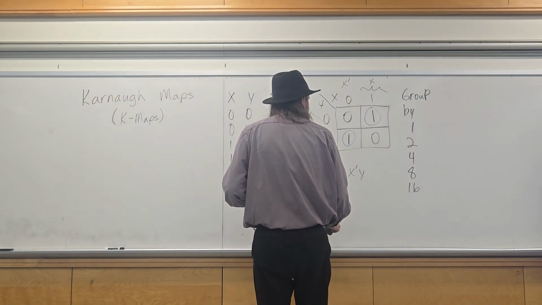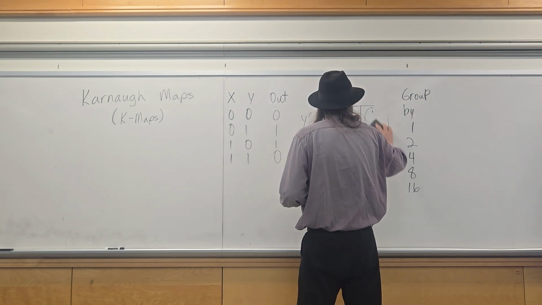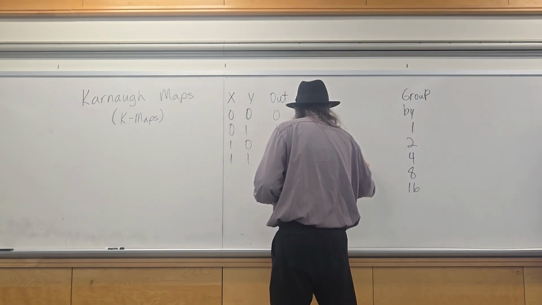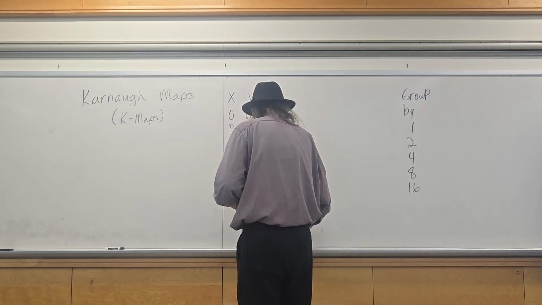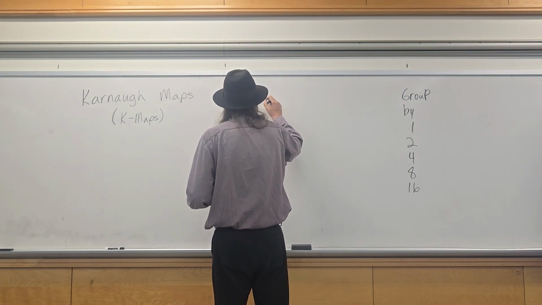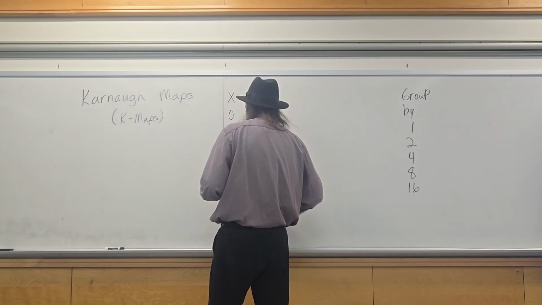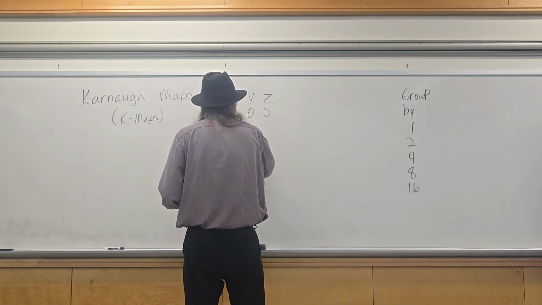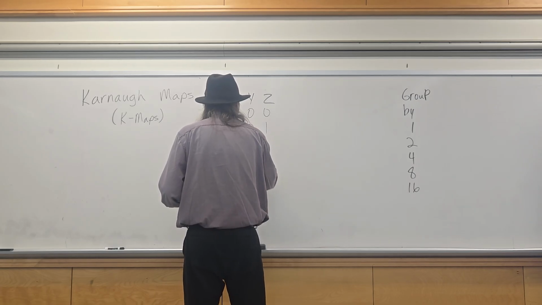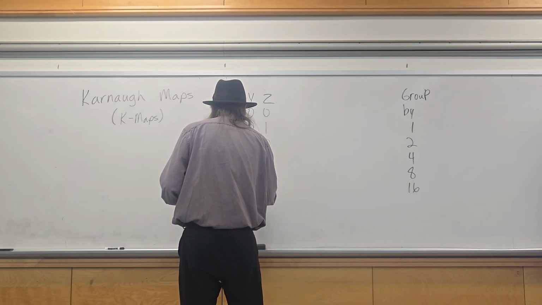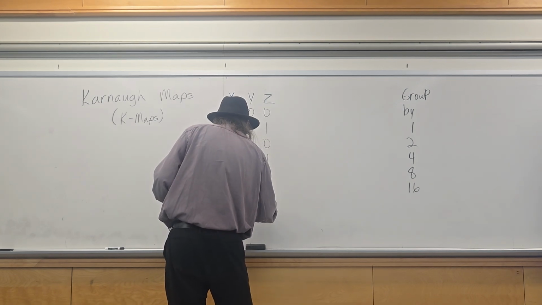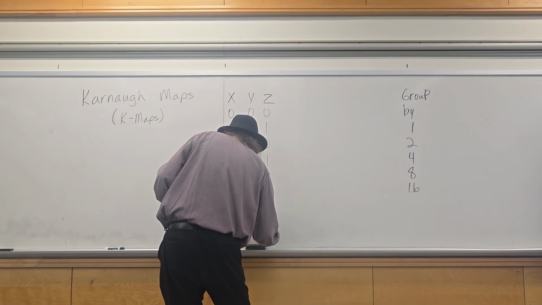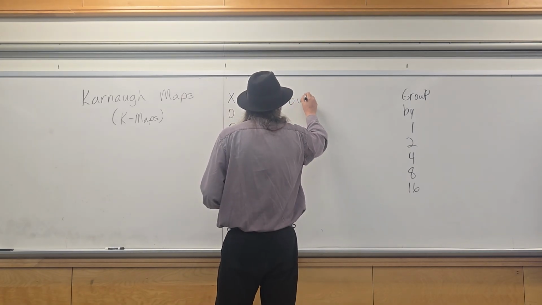Now, if you move up to 3 variables, let's see here. And your out is like so.